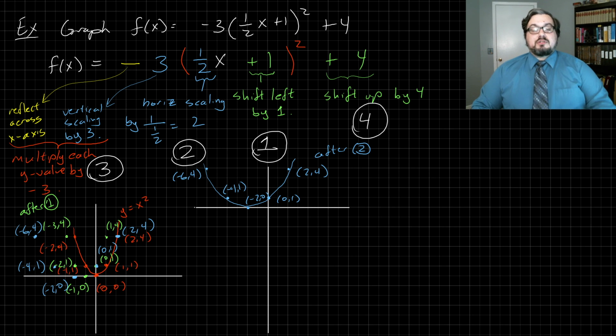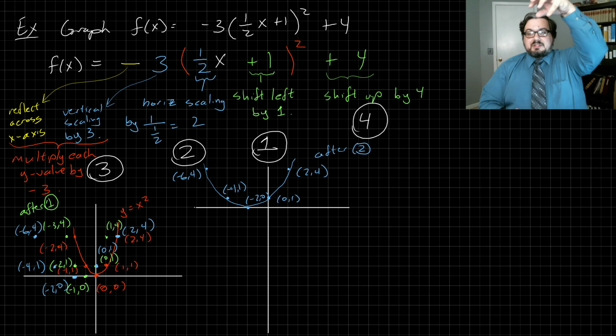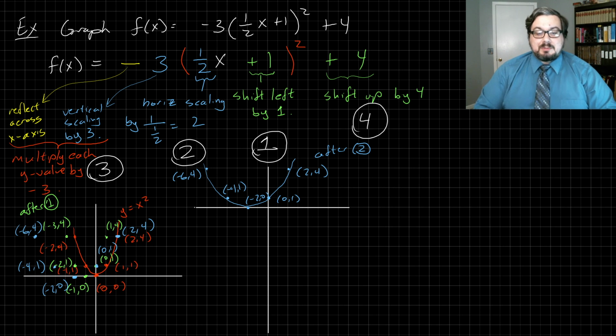So next we need to do the third transformation, which involves multiplying each of the y values by negative 3. So let's do that. Let me go back to red for this. The third transformation is a reflection across the x-axis, so it's going to turn down like that, and it's going to stretch out. And we're going to do that by multiplying each of the y values by negative 3. Now the point negative 2, 0, if you multiply that y value by negative 3, you get back to negative 2, 0.